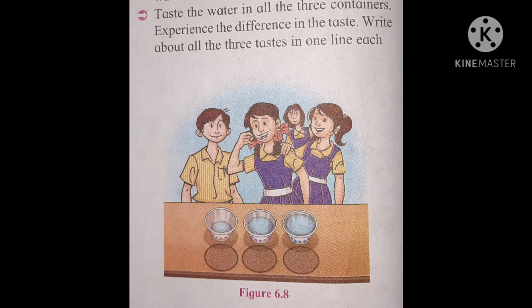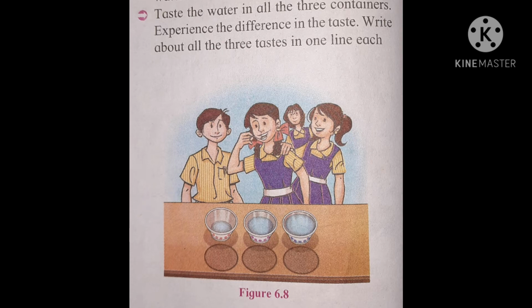The level of water is very low in the container we kept in the sun, because the water level became very low due to evaporation. The level of water is medium in the one we kept inside, because we did not add any additional water to it. Okay. The level of water is higher in the one to which we added water, and inside the room evaporation is also very low.